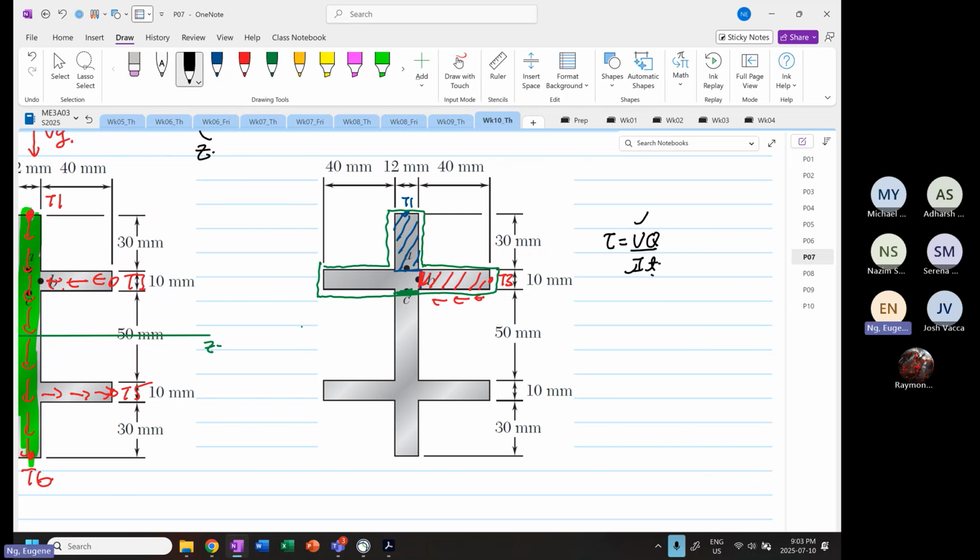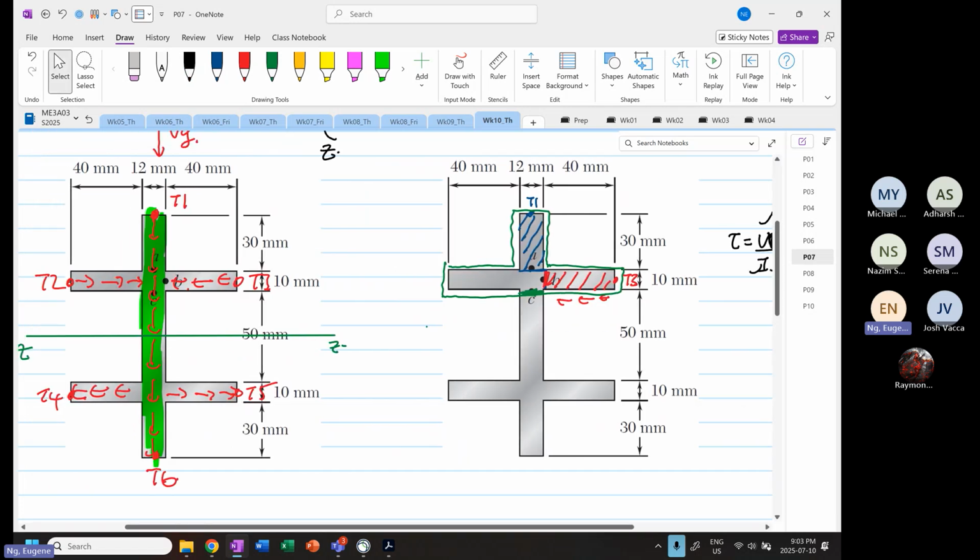The thickness, for this case, depends, it can be 12 or 10 millimeters. This is the one that's always causing the problem. Okay, so at C, you take the top head section. And this is visualized through the shear flow. Are we clear?